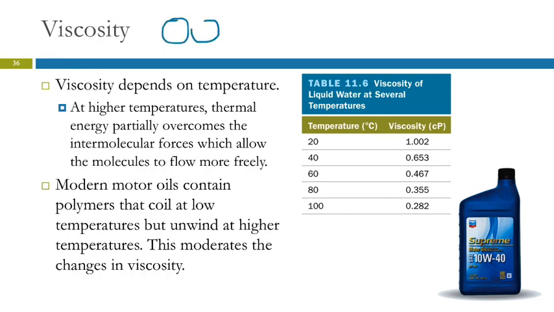If we have two things that are kind of globs, they can contact just at a small surface area, whereas if we have two long molecules, they can have a lot more surface area where they interact, right? So at low temperatures, these polymers coil up. That reduces the strength of their intermolecular forces and reduces the viscosity. So it helps the oil to flow appropriately at low temperatures.